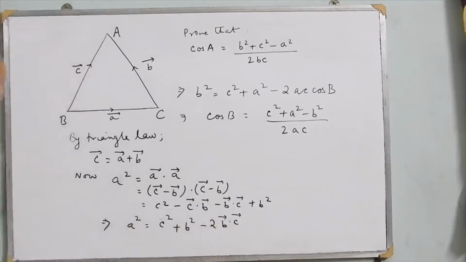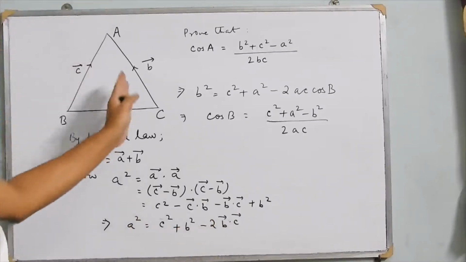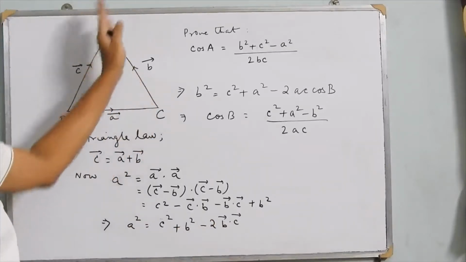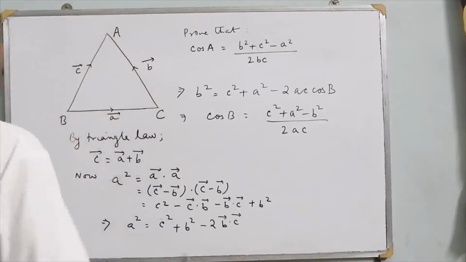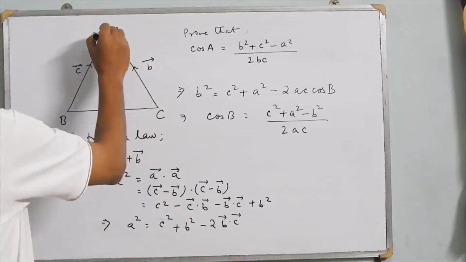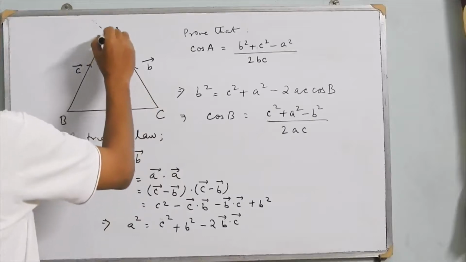And b dot c, if you take b vector dot c vector, the angle is again, this direction is b vector, this direction is c vector.